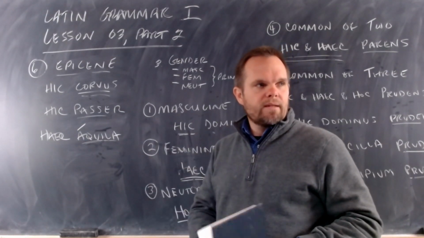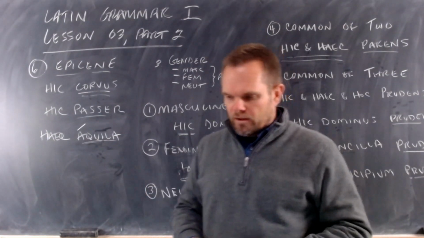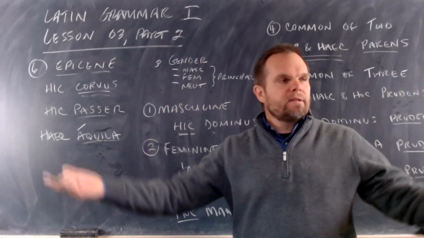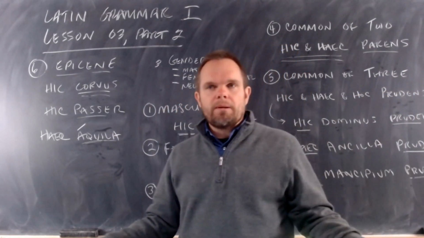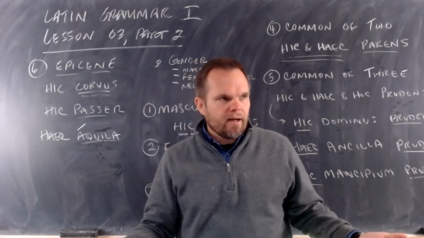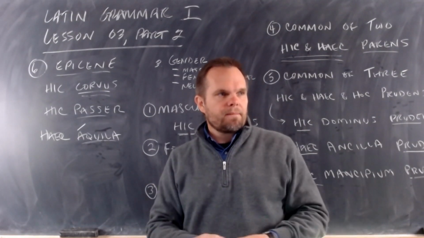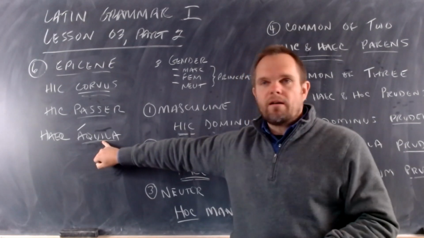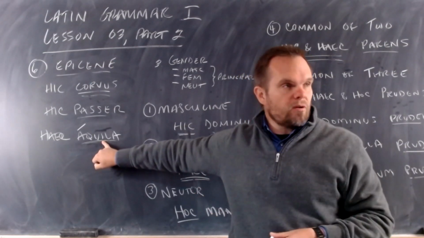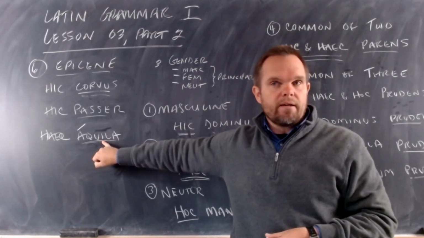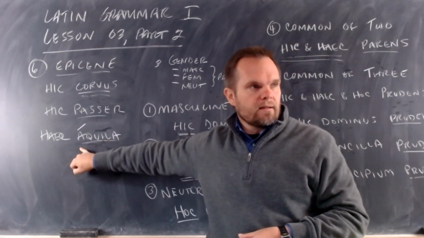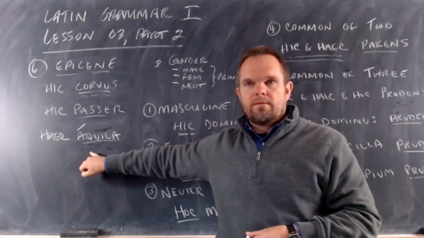All right? So that's just an example where I can be honest and say, if I see this word, I don't know off the top of my head how it should be pronounced, but I can figure it out. I look it up in the dictionary, check the length of this vowel because it will be marked long in the dictionary. And when I see that it's not long, then I know it's aquila and not aquila.